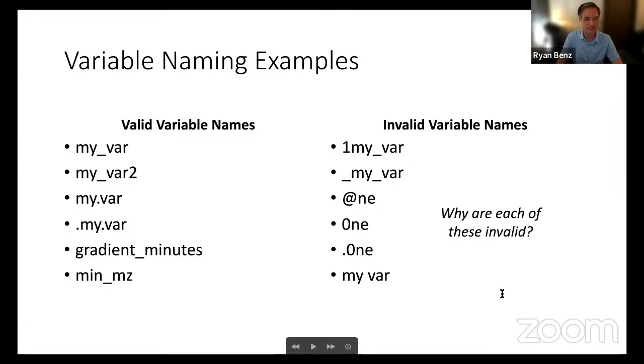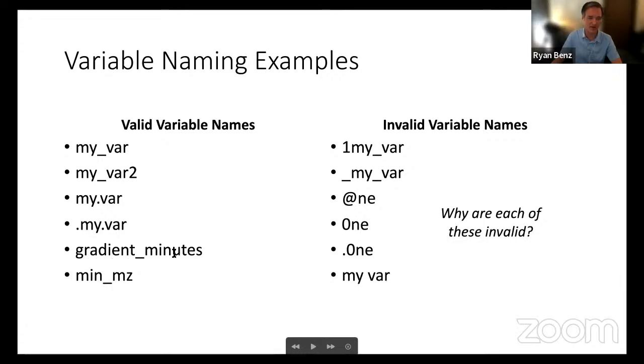I have some examples here to make this a little more concrete. All these variable names here are valid. Notice they only contain letters, numbers, underscores, or periods. These are all valid variable names. Notice this one is a little weird: we started with a period. That is valid to do in R. You don't often do that, and it probably doesn't make sense in general. If we talk about descriptive names, these are probably some good names for variables. This is a little bit of a long variable name.